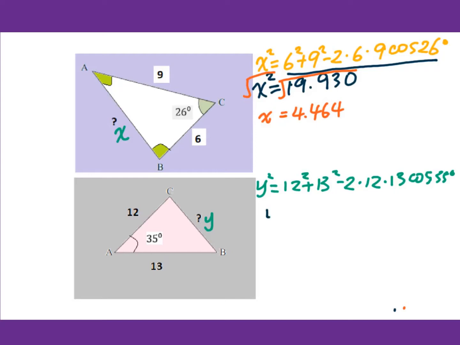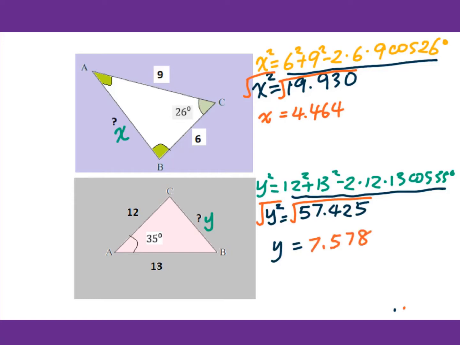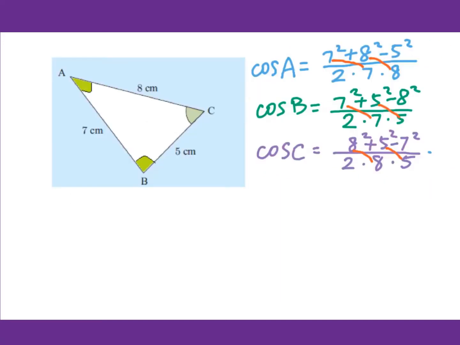For this y, we put all this into the calculator. After you get the value, you need to take the square root of both sides. Y equals 7.578.